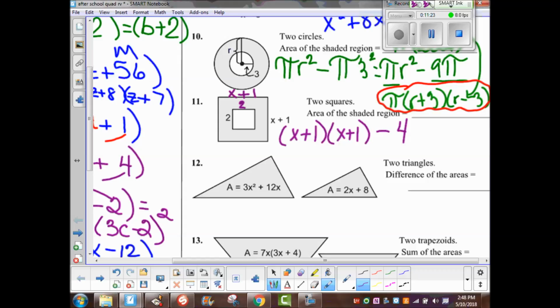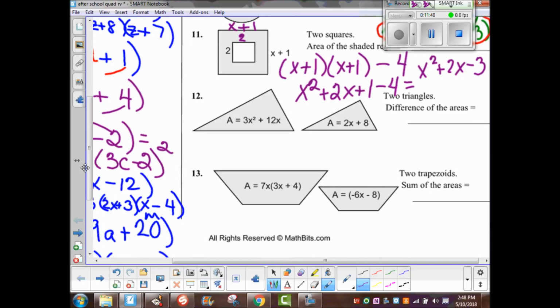If it didn't say factor completely, then you probably could leave it, yeah. So we end up with x squared. Again, I'm going to combine to get that middle term. It's 1x and 1x to give me 2x plus 1 and then minus 4. And then simplifying, x squared plus 2x minus 3. Good?